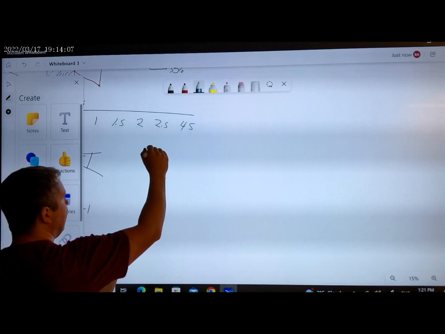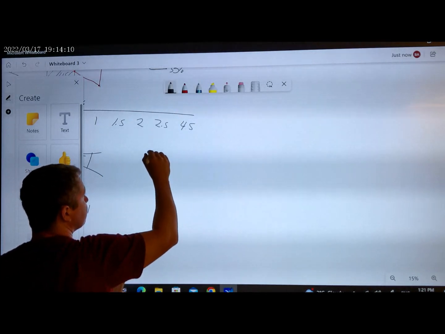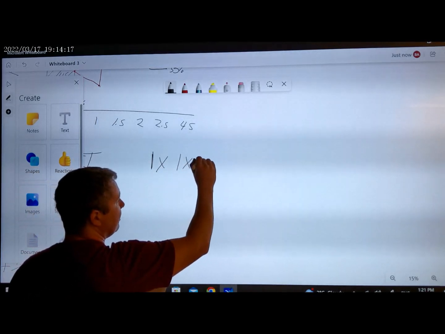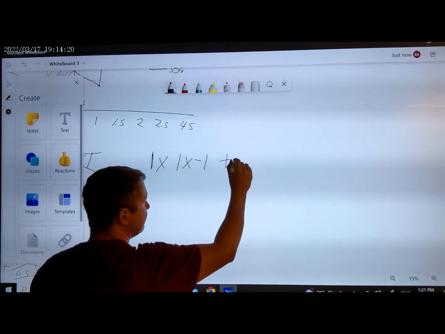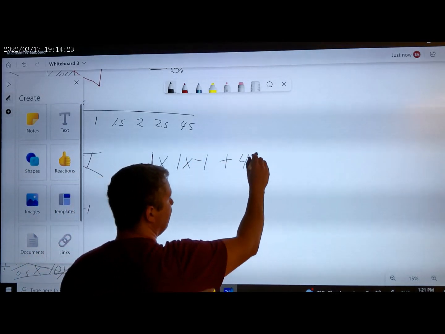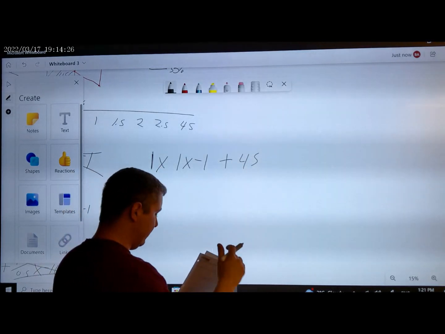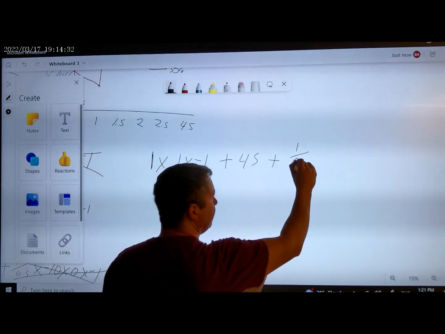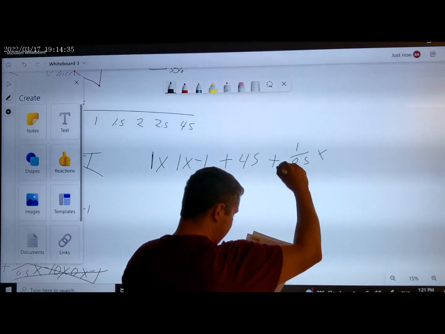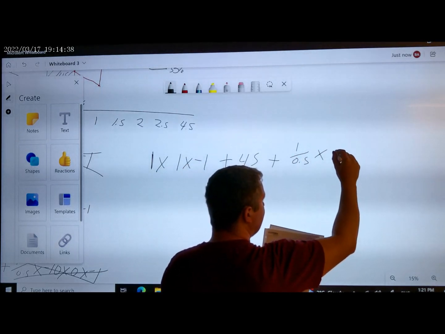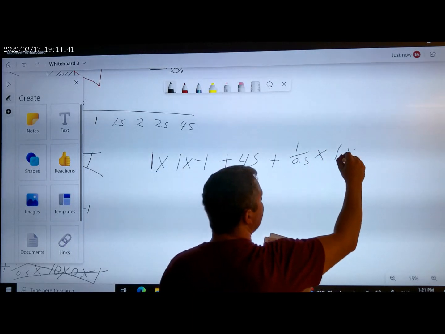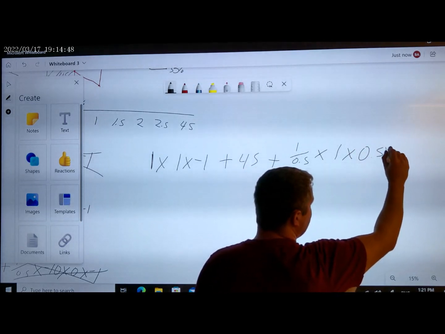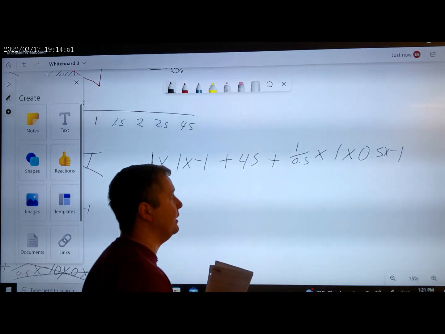So we still have proportional gain of 1 times our error of 1 times our reverse acting of minus 1.